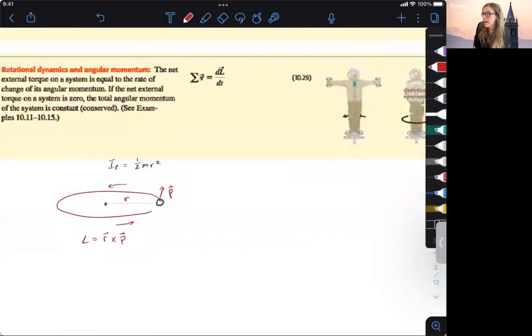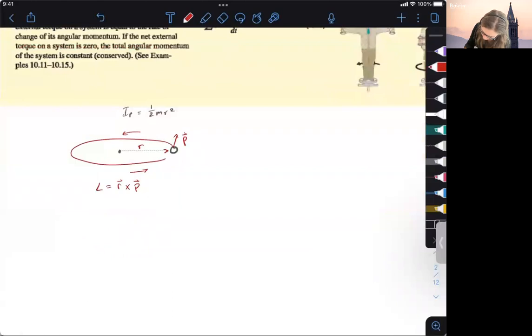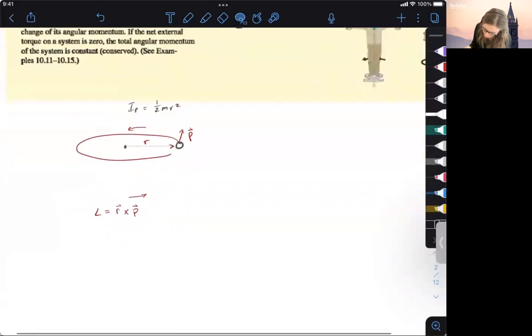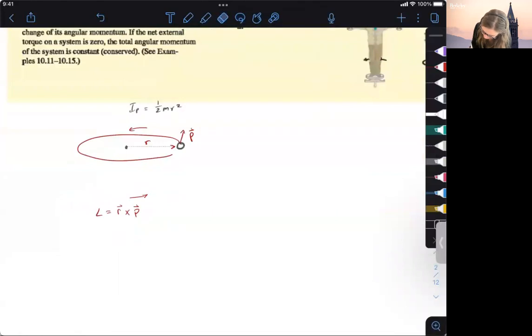Okay, and I want to know what my torque is going to be. In this case, we have the torque. So fingers along R cross P. Did I do this the right way? Yeah, okay. So L is equal to R cross P here. And this is my cross product with direction, and the right-hand rule applies, right?